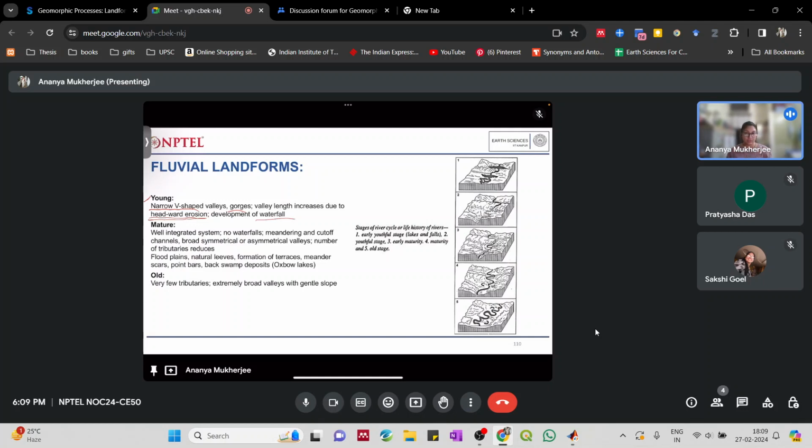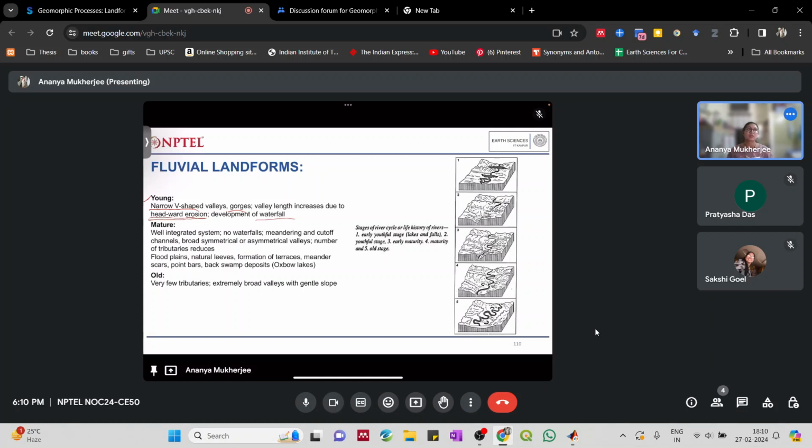When we come to the mature stage, you will have a combination of erosional landforms as well as some depositional landforms forming. We discussed some of these examples in the last weekly session.